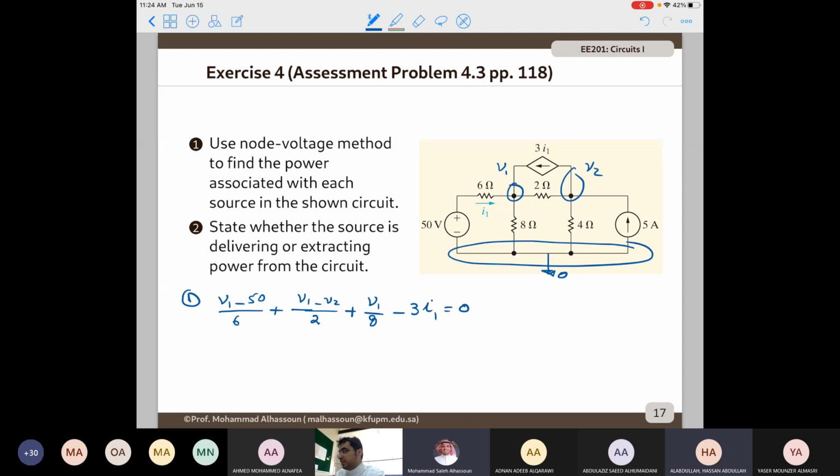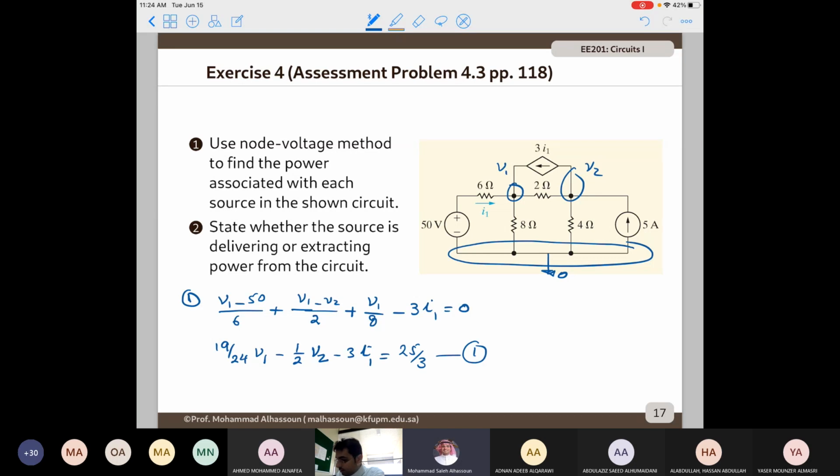Okay, this is the first equation. If I simplify it, I will end up with 19/24 V1 minus 1/2 V2 minus 3I1 equals 25 divided by 3. This is the first equation.